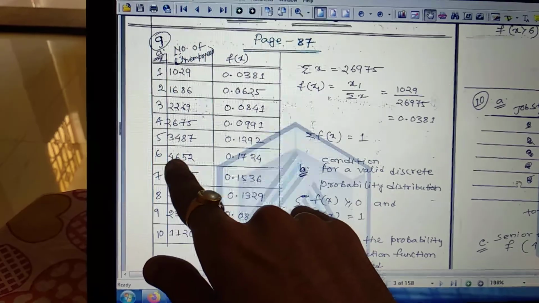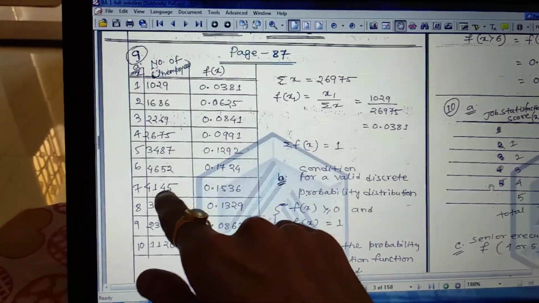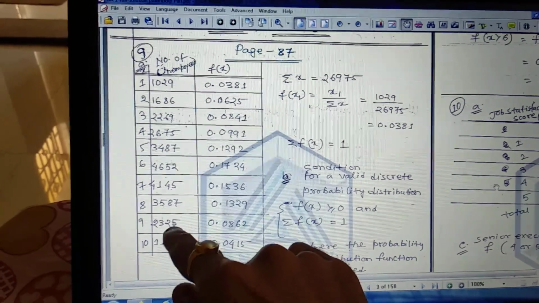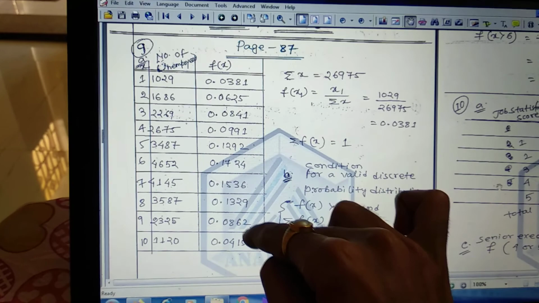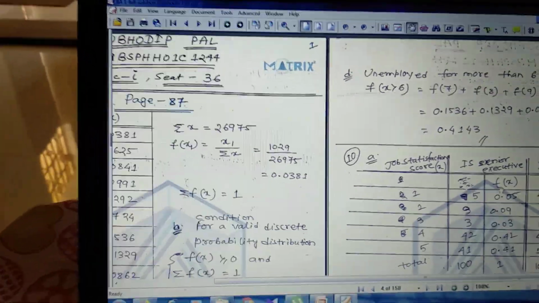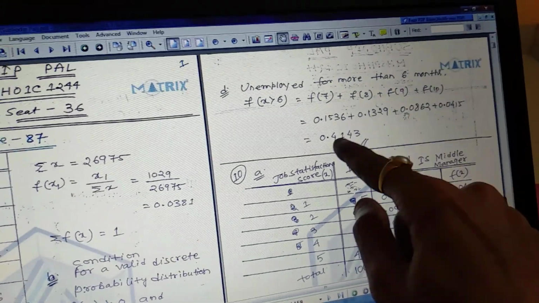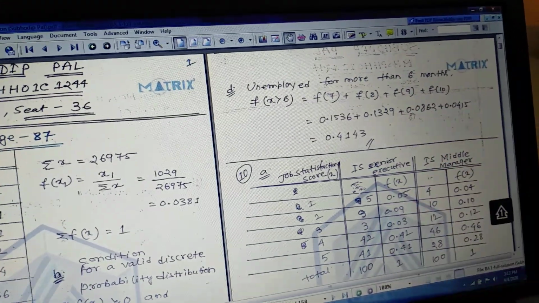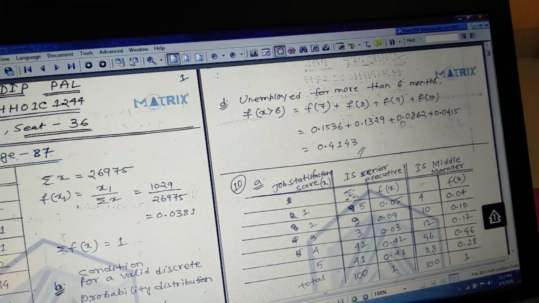So we have to find f(7), f(8), f(9) and f(10) and take the summation of these values. The answer will be 0.4143. This will be the probability of an unemployed person for more than 6 months.